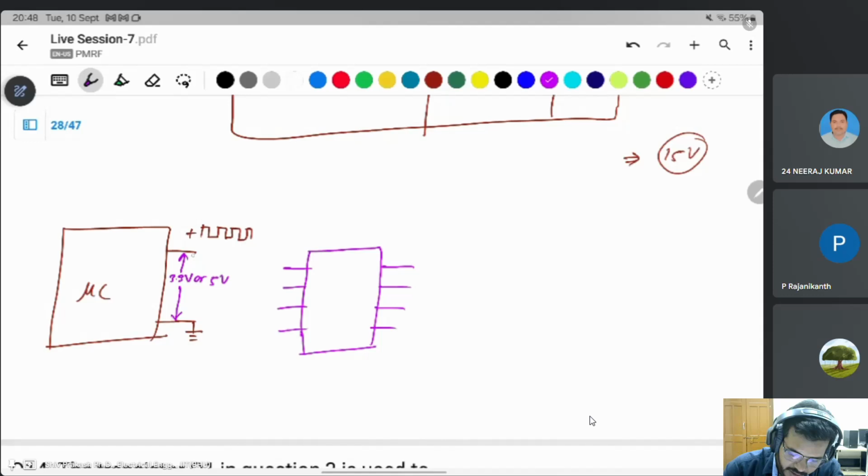You can connect the input directly or through a resistor to limit the current in short circuit cases, and this ground will be connected to the ground terminal. Okay, fine. These generate the pulses.